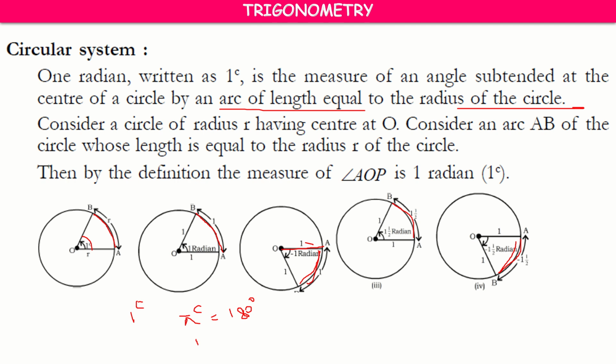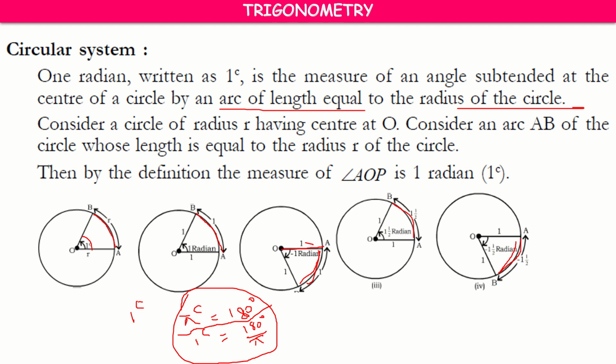I want 1 radian, so this pi comes to the denominator: 1 radian is equal to 180 degrees by pi. Are you following? Pi c is equal to 180 degrees, which means pi radians is equal to 180 degrees. For 1 radian, pi comes to the denominator, so 1 radian is equal to 180 by pi.